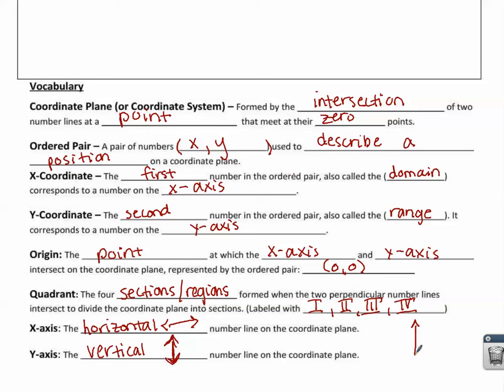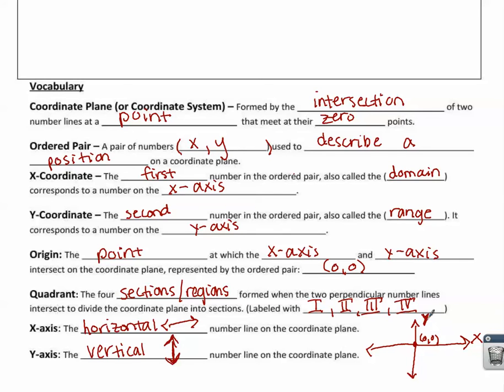A simple picture of the coordinate plane will look like this. The horizontal axis is your x-axis. Your vertical is your y-axis. Your origin is here in the middle, labeled (0, 0).